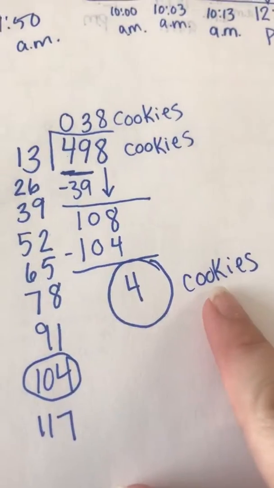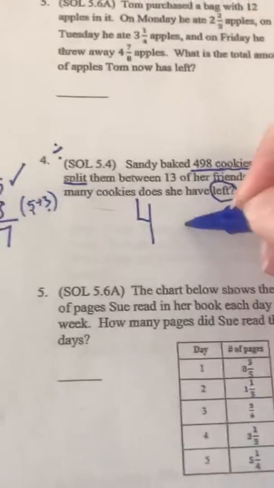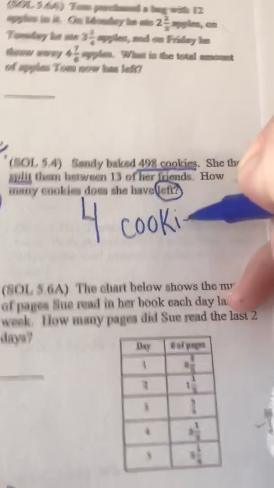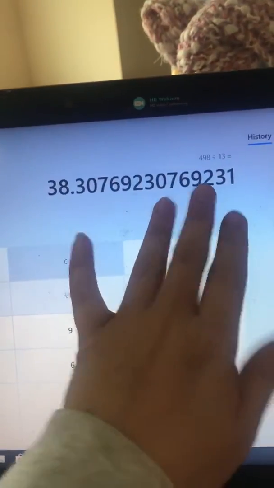Now, when I do the division out on paper, I see that I have 4 cookies left over. When I do the division in the calculator, it doesn't show me 4 cookies as a remainder. It shows it as a decimal.